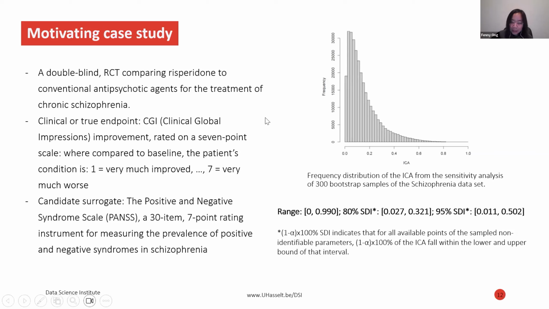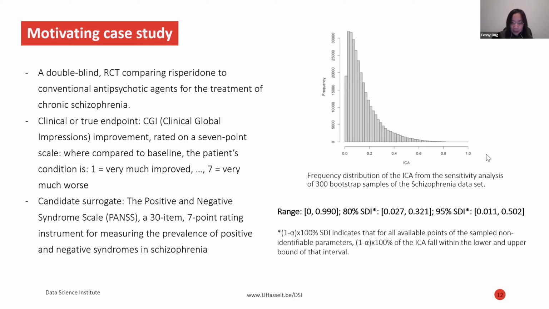So when we applied our method, we obtain this set of values for the ICA, which can be summarized using this frequency distribution. It's also important to mention that in this analysis, we take the imprecision component into account by generating 300 bootstrap samples from the original dataset before we conduct the sensitivity analysis.